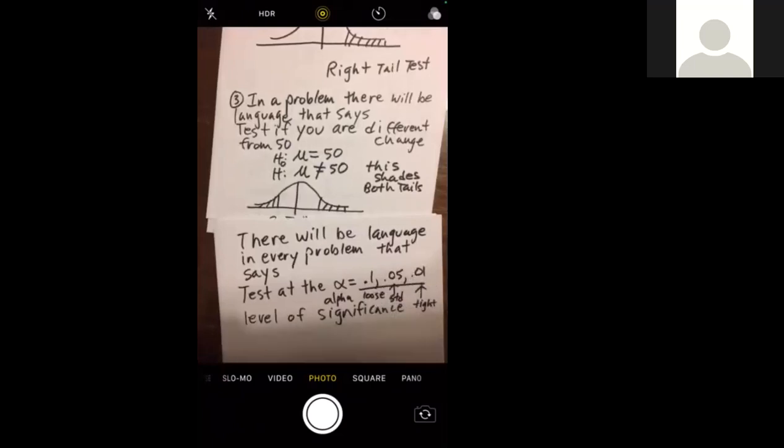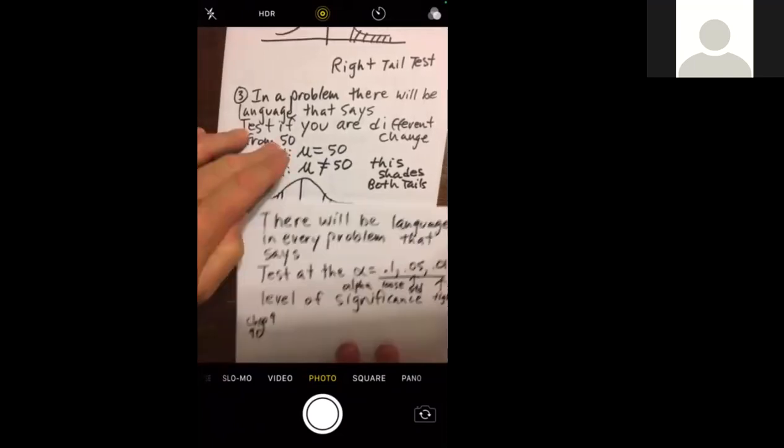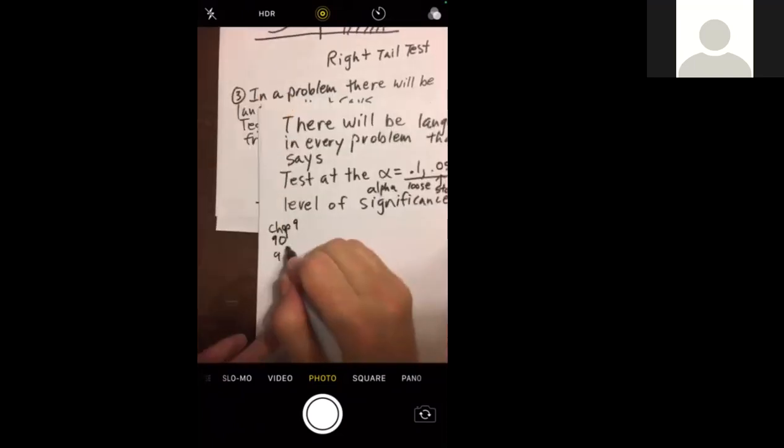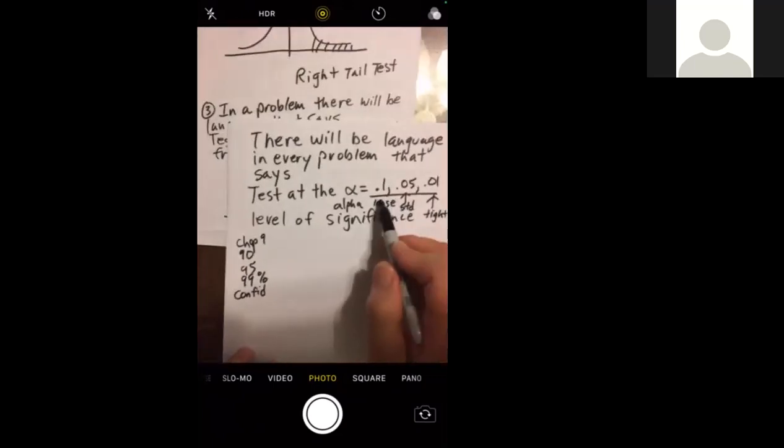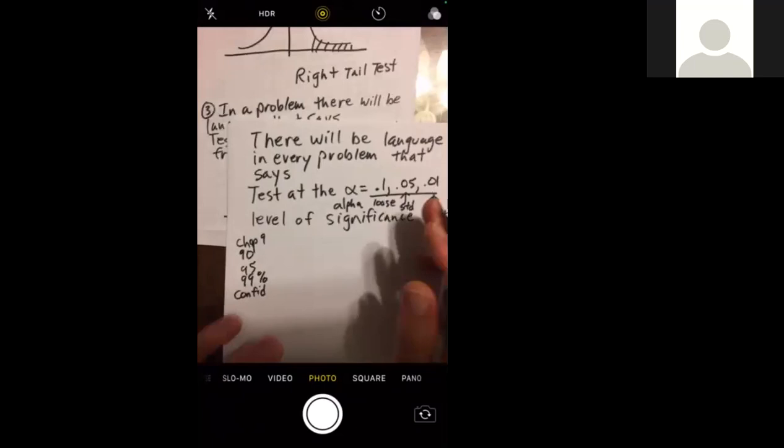Level of significance. Remember, chapter 9 was about 90, 95, or 99% confidence. Chapter 10 is about 10%, 5%, or 1% significance.